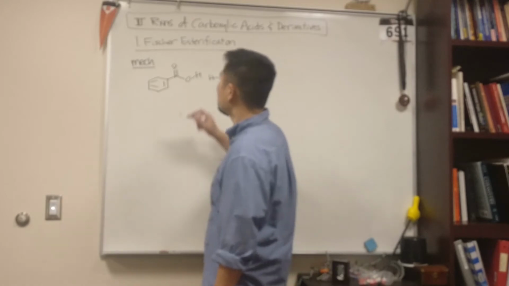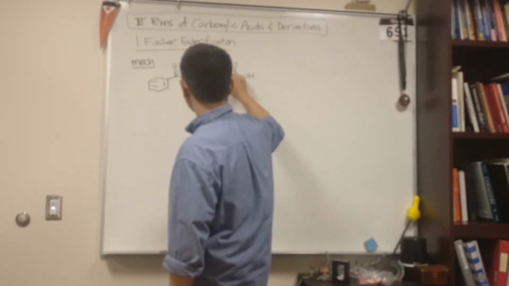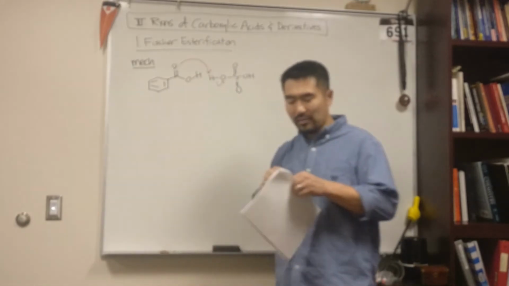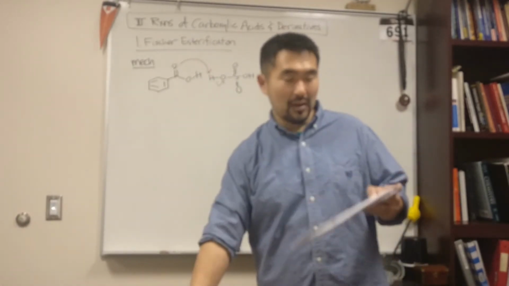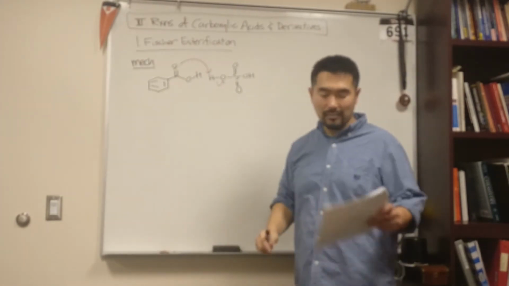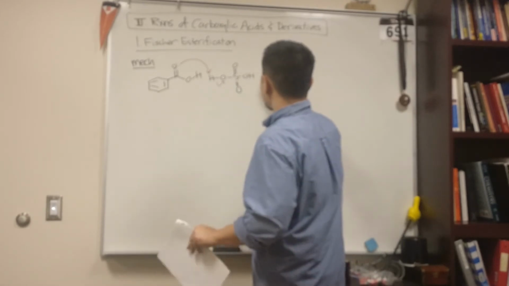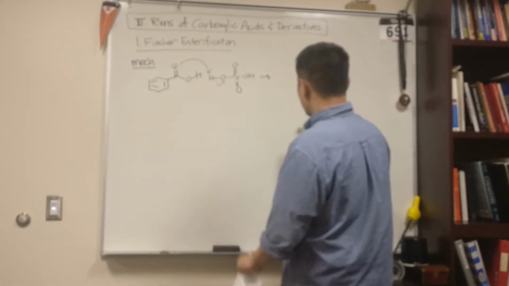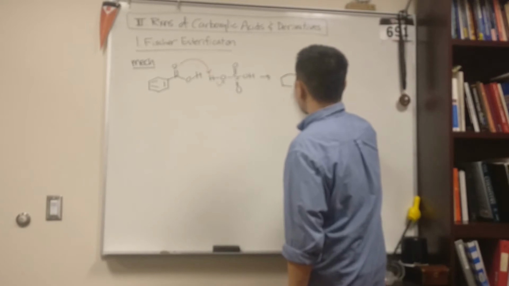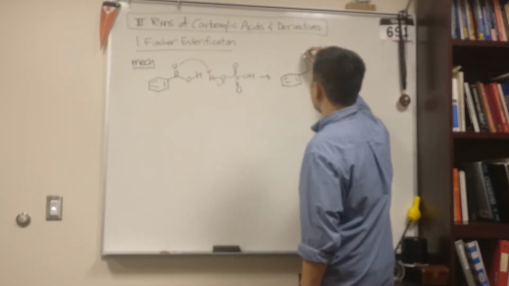And the most productive place to donate a proton to would be this oxygen, and you'll see a reason why in a second. If that sp2 oxygen here, the carbonyl oxygen, picks up a proton from sulfuric acid, what you get out of it would be this very much activated electrophilic carbonyl group.